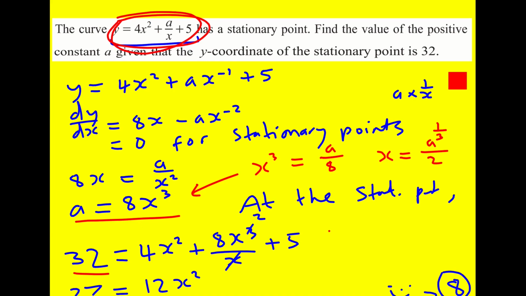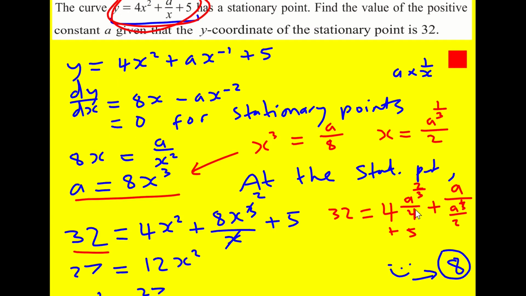Okay, and I would have got 32 equals 4, and then I would have had to square the x, so that would have been a to the 2 over 3 over 4 plus a over x, so it would have been a over a to the third over 2, and then plus 5. And what I would have got is an equation involving a with a fractional index.